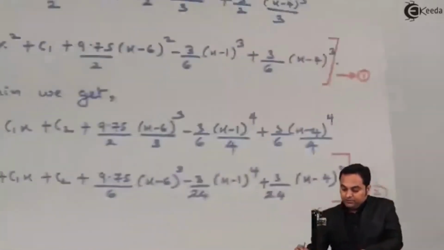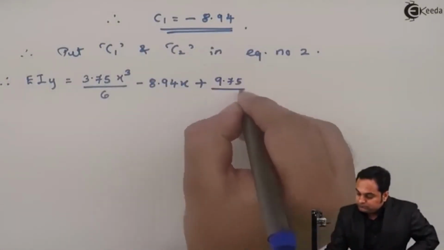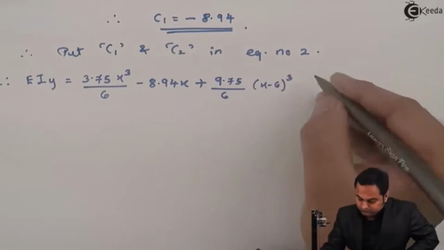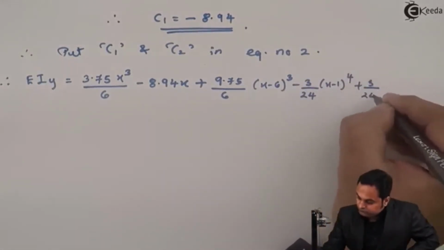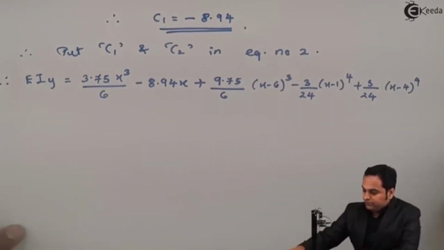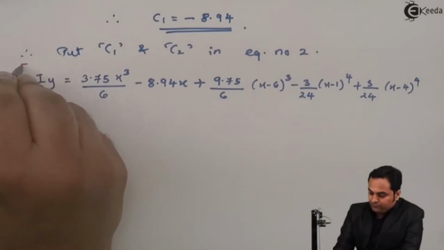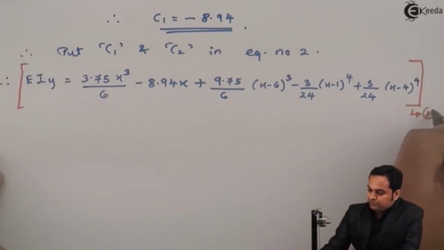I'll copy the remaining terms as they are. So this equation which I have got by putting the values of the constants is equation number 3.